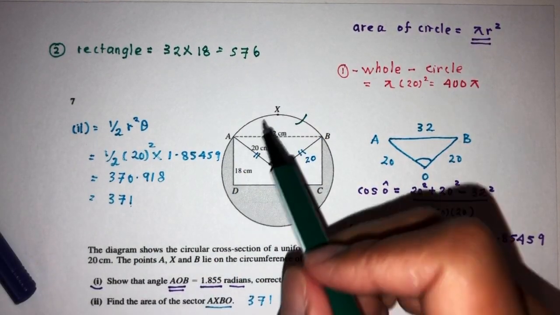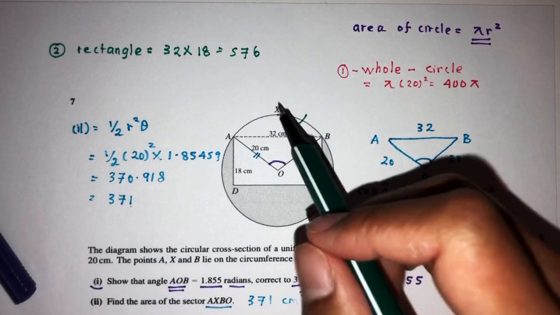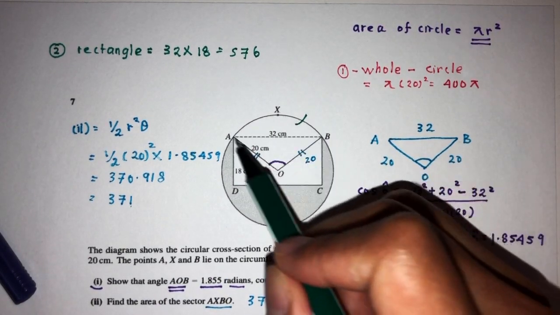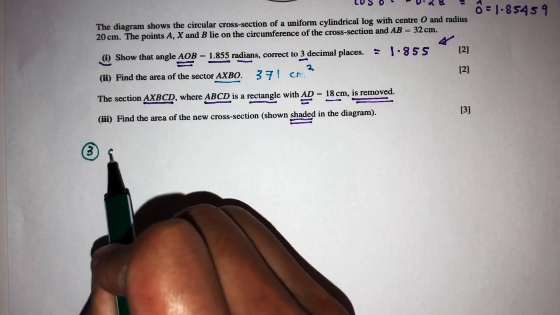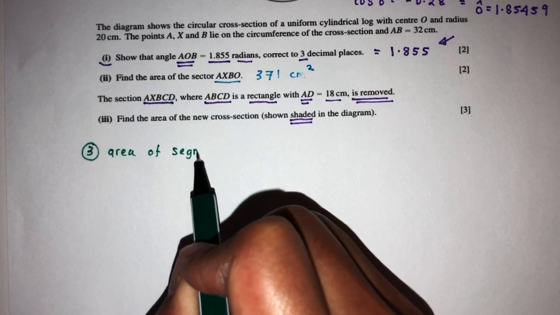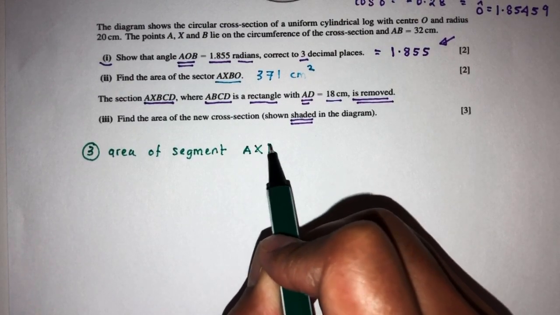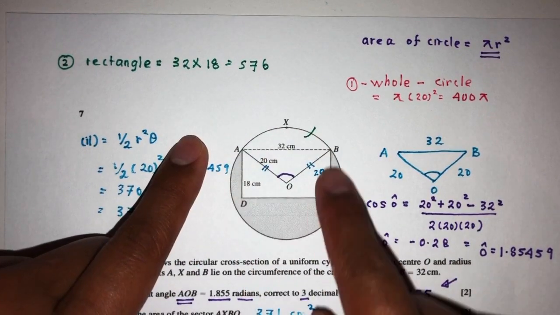So how can you find the area of the segment? If you think, I know the area of the whole sector AXBO. We know this area. So let me draw something here. Now for part 3, we have to find the area of the segment AXB, which is only the top part here, because we know the rectangle already.